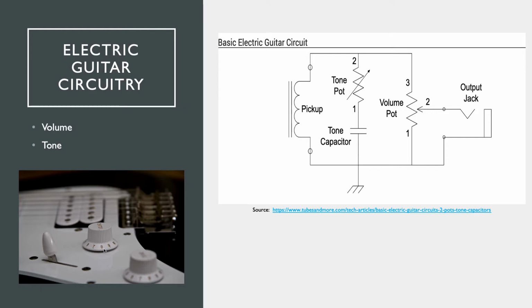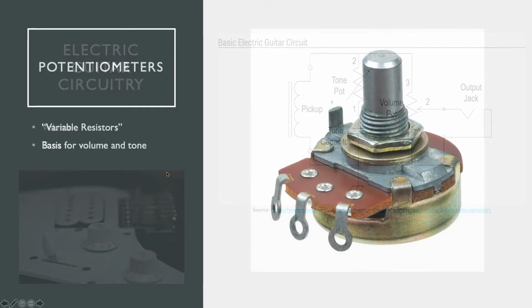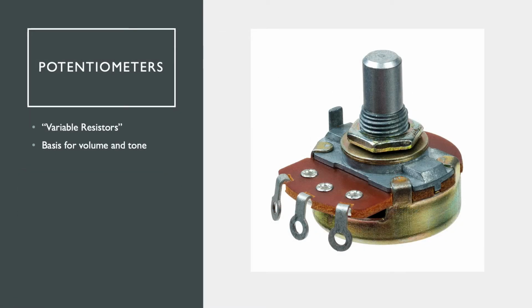I'm also aware that there's a particular symbol that we haven't really touched on, which are these arrows across these resistors, and these are actually called potentiometers, and they really are the start of the show here in these guitar circuits. So let's find out what they are and what they do first. When you're turning any knob, like a volume knob or a tone knob on your guitar, this is what you're turning.